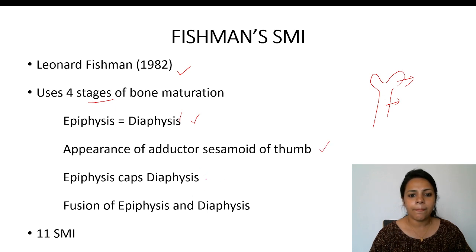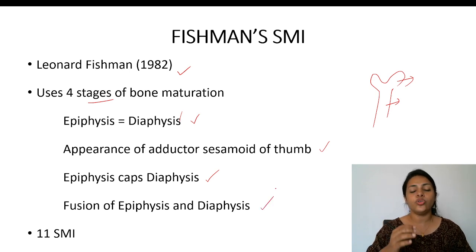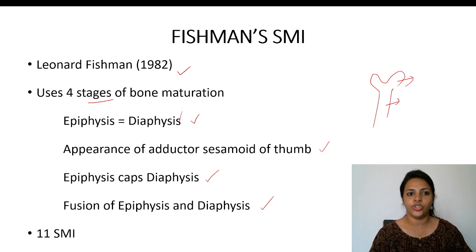Then comes the epiphysis capping the diaphysis, and then comes fusion of epiphysis and diaphysis. Those are the 4 stages of bone maturation used in Fishman's index. And there are 11 skeletal maturity indicators given by Fishman.